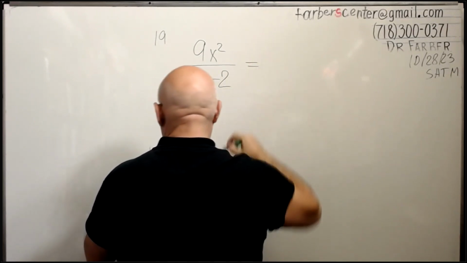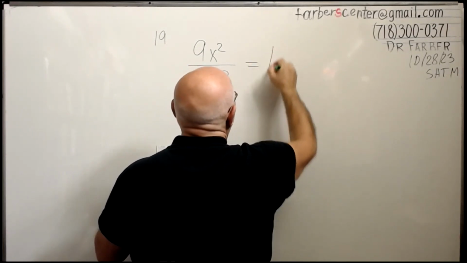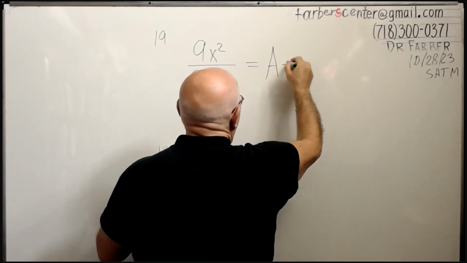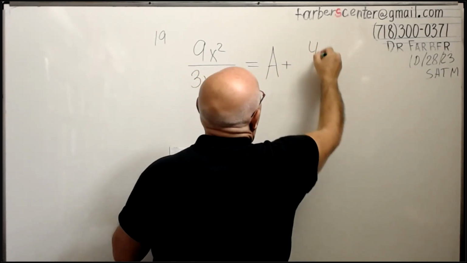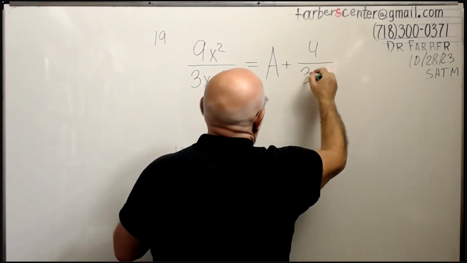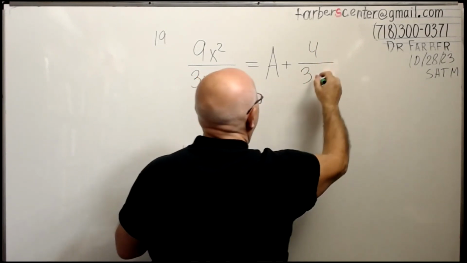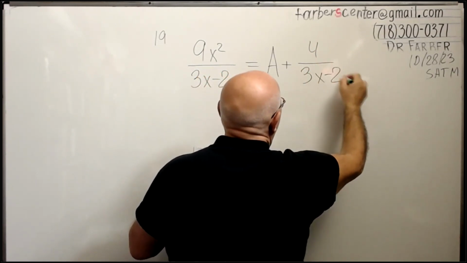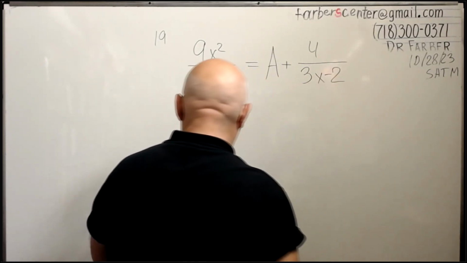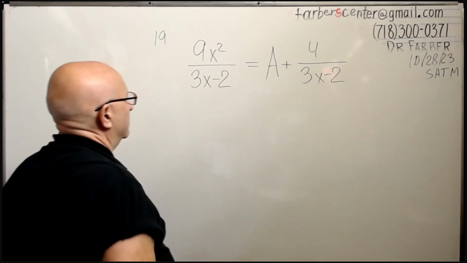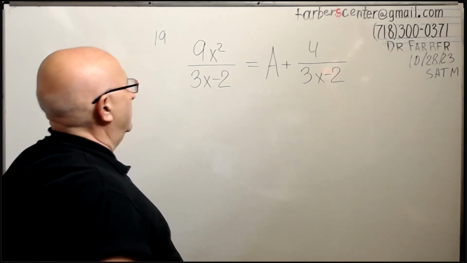Written form, it means equals a plus 4 over 3x minus 2. And they ask you, with the following a in terms of x. Actually, they ask you to find a.